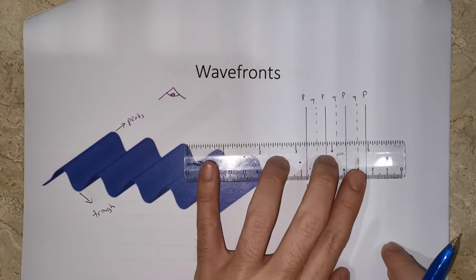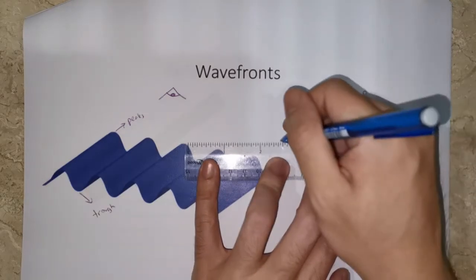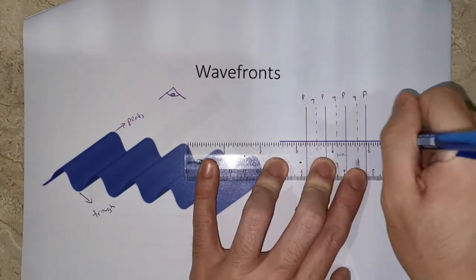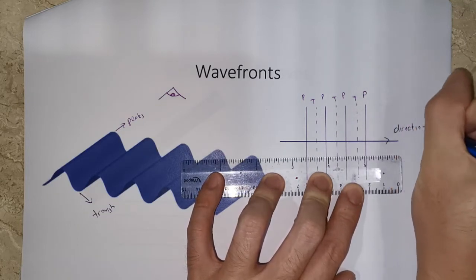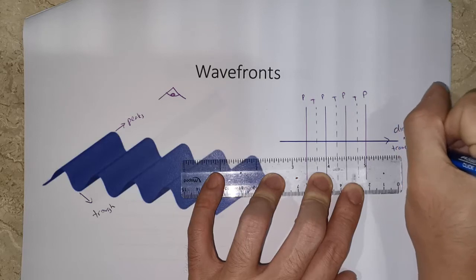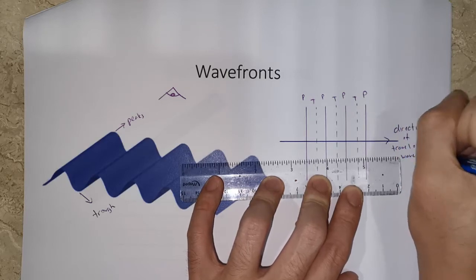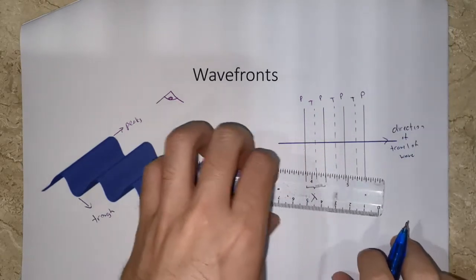And the wave in this case is moving from the left to the right. This is the direction of travel of the wave.